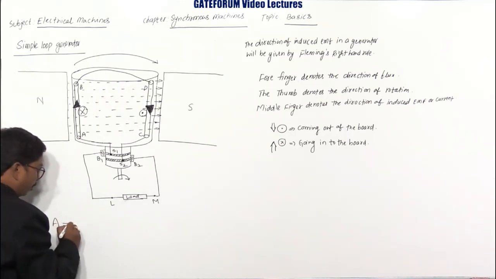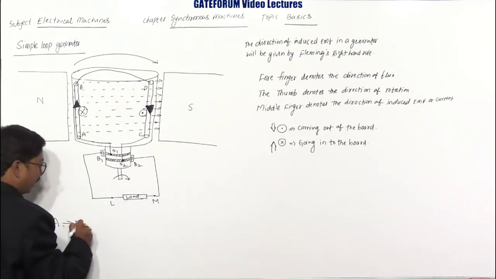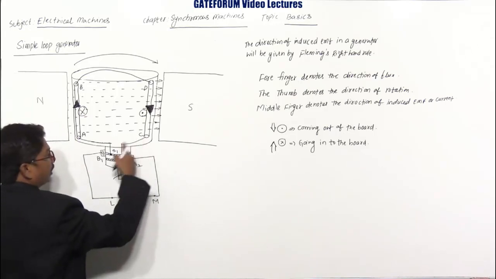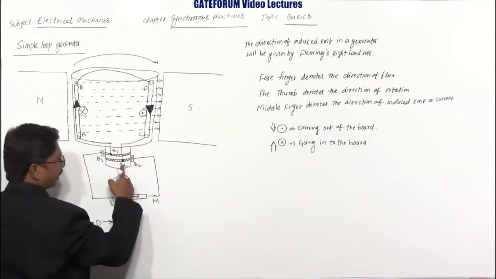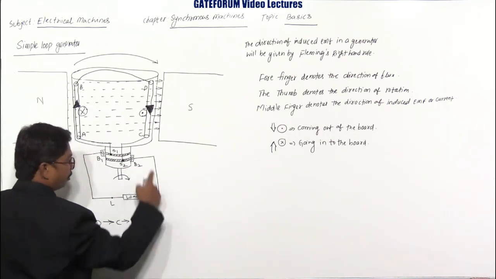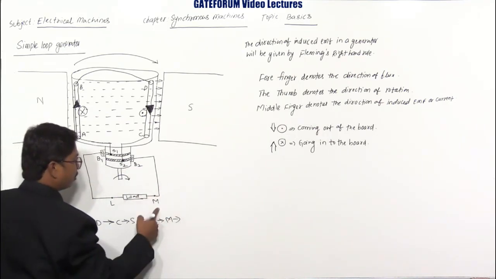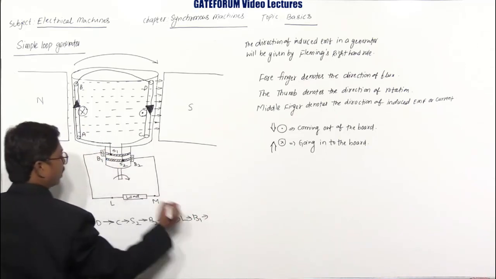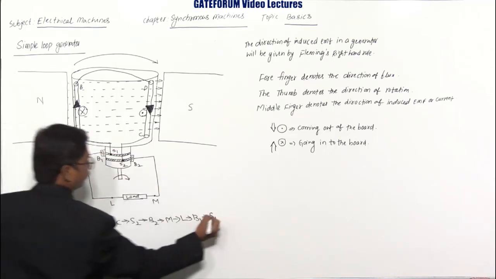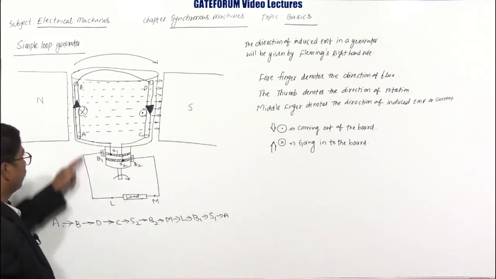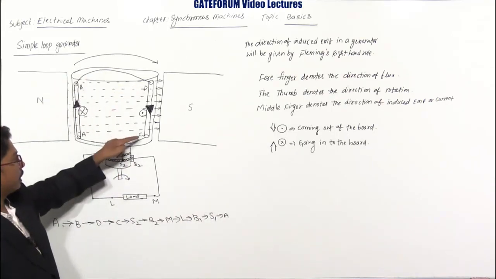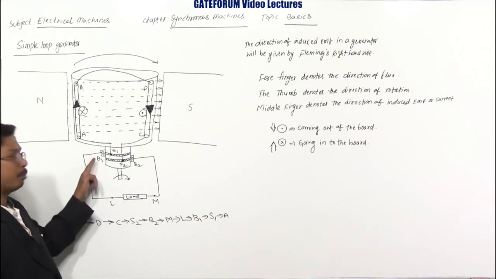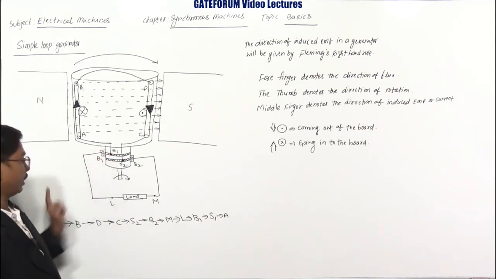It is moving from A to B, then B to D, then D to C, then C to S2, S2 to B2, B2 to M, M to L, L to B1, B1 to S1 and S1 to A. So this is the loop. This is the path.